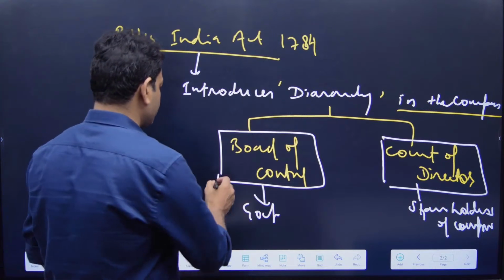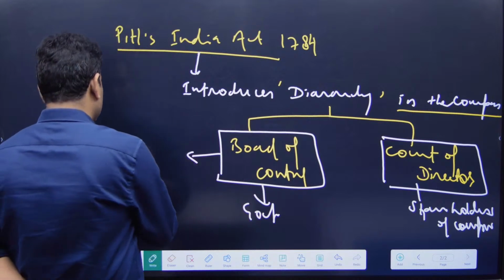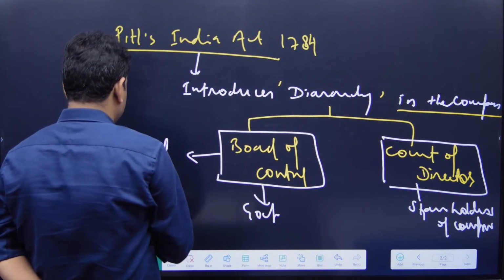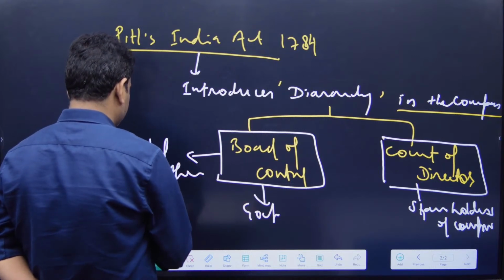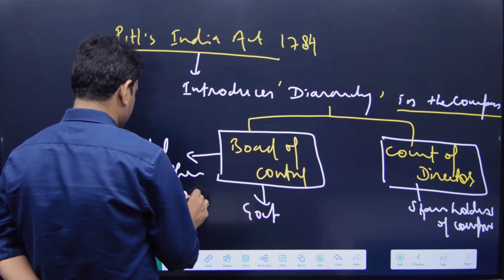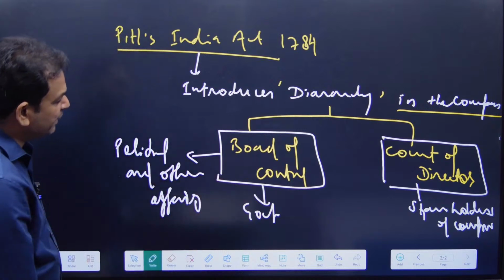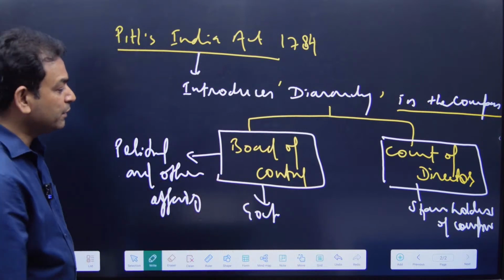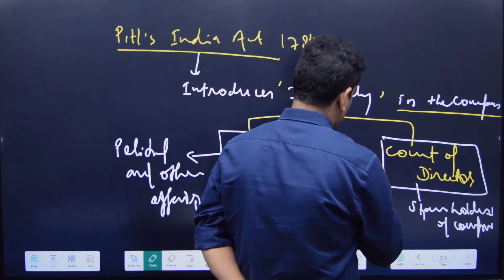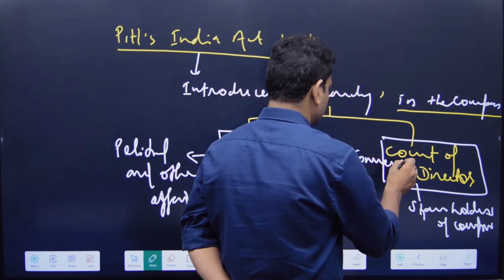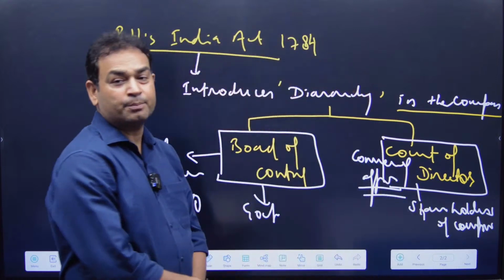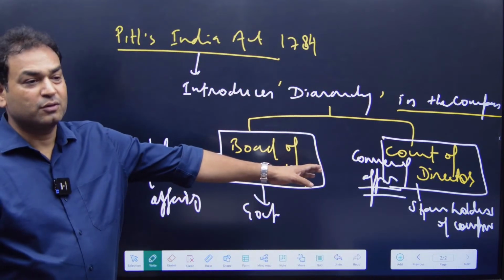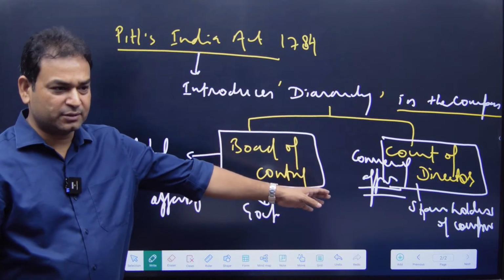Now, the political and strategic affairs was governed by this board of control, while commercial affairs and recruitment in the company was governed by court of directors.